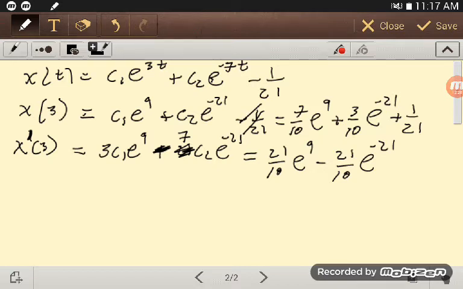Okay, so now we need to solve those two equations in two unknowns. Doesn't look like a whole lot of fun doing that. It would be, I suppose, very tempting to pick c1 here based on this 21 over 10 because that's an e to the 9.